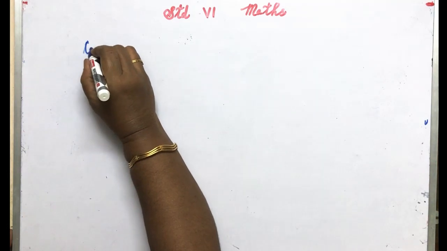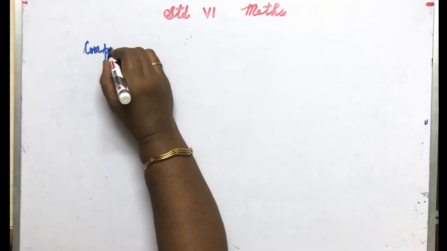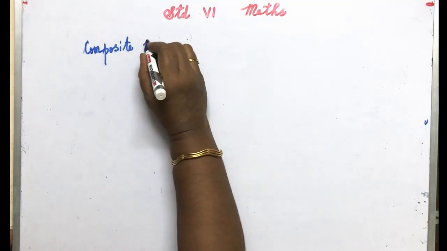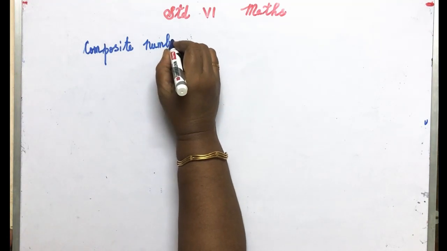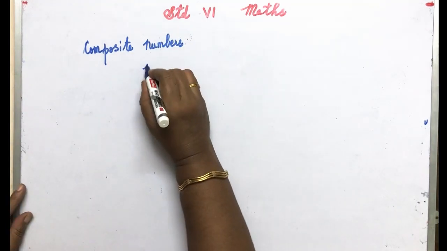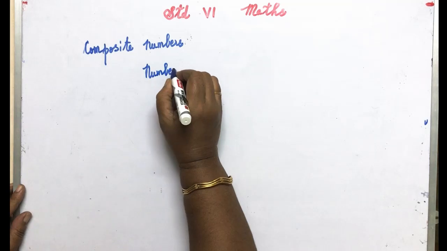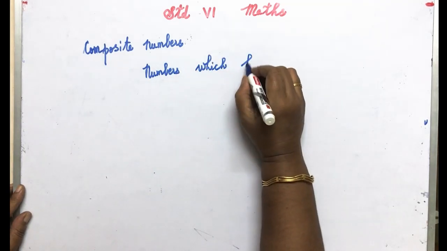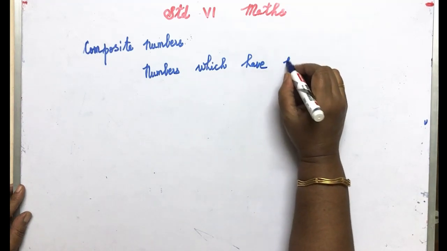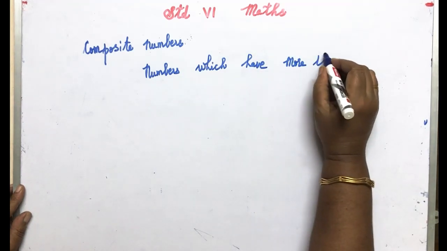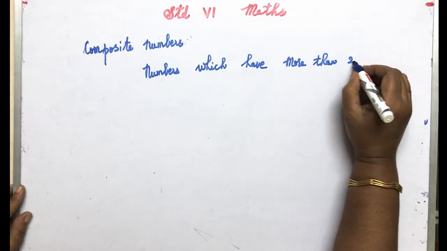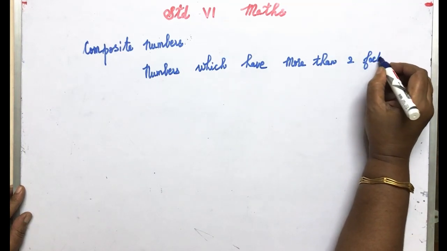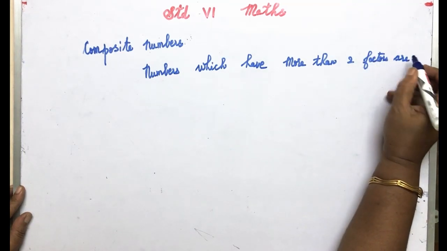Next one is composite numbers. Numbers which have more than 2 factors are called composite numbers.